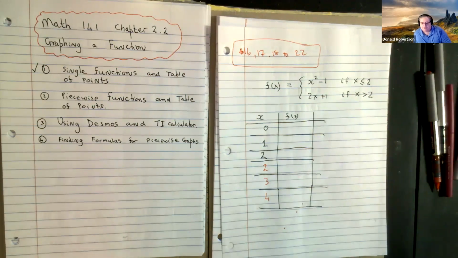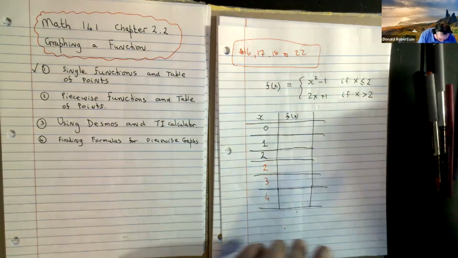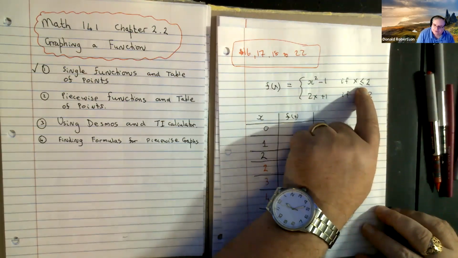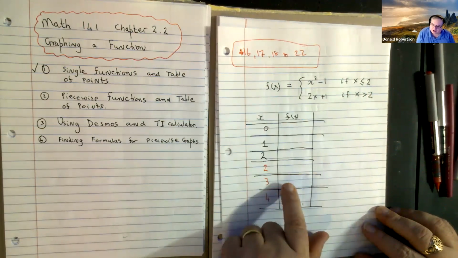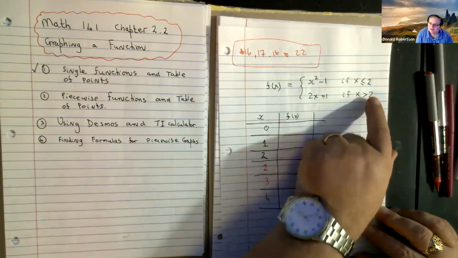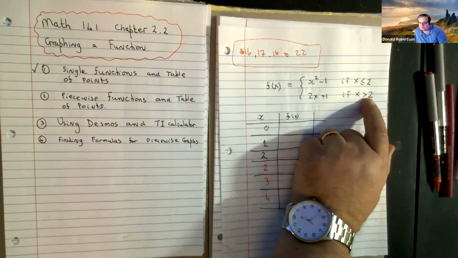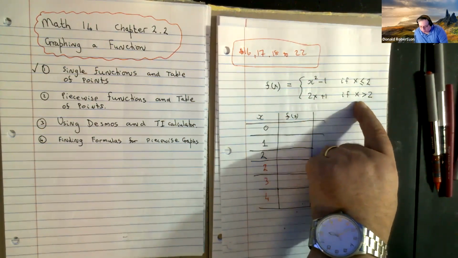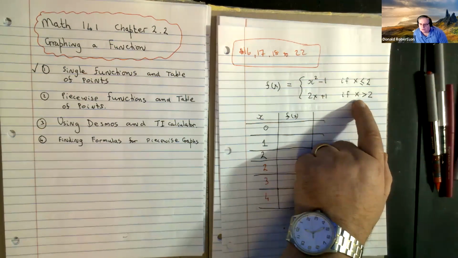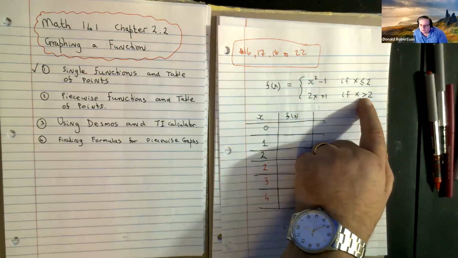And one of these 2's gets used in this first formula, right? So if x is equal to 2, it is. The other 2, the red one, isn't used directly because this rule is only for x is greater than 2.